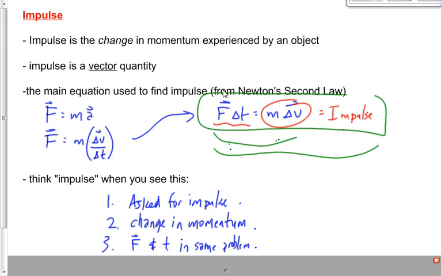It may appear to have nothing to do with momentum or impulse. If you see a force and a time in the same question, we can do impulse. Why? Because when a force acts over a time, you're going to cause that object to speed up or slow down. In other words, when you apply a force over a certain time, you're going to change the momentum. That will be an impulse.